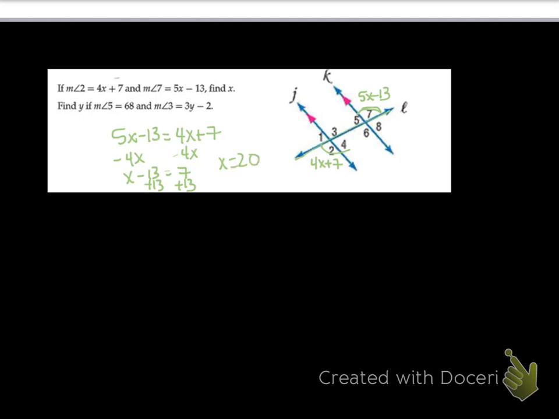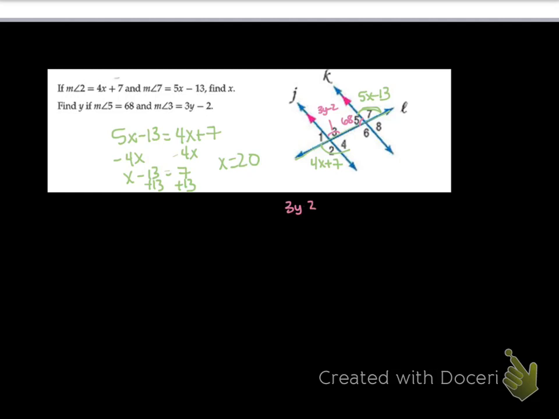Okay, my next one in here, it says angle 5 represents 68. And then it says angle 3 represents 3y minus 2. Okay, they are sitting on the same side of the transversal on the inside of my parallel line, so it's same side interior. Since it starts with an S, this one is supplementary.